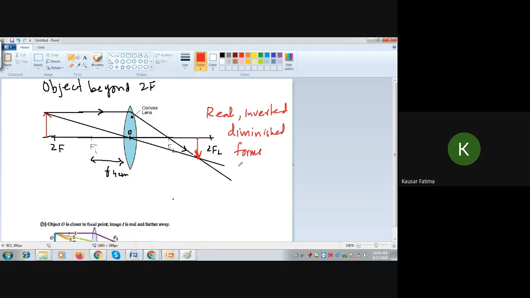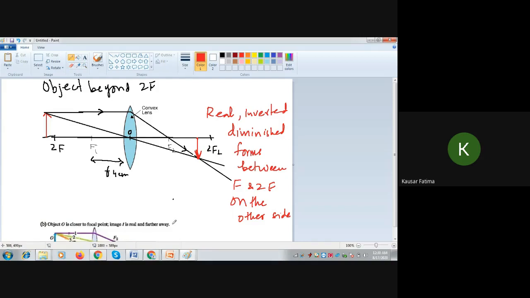It forms between f and 2f on the other side. So this was about the object when it is placed beyond 2f.